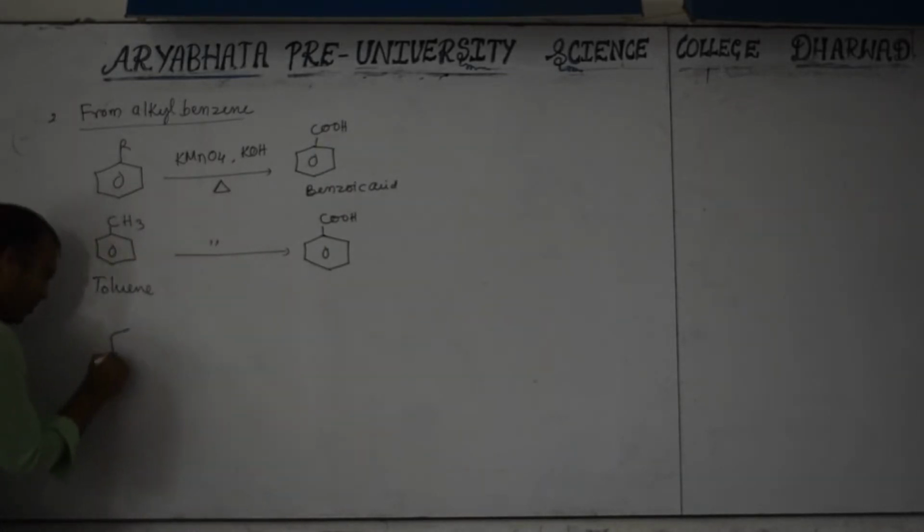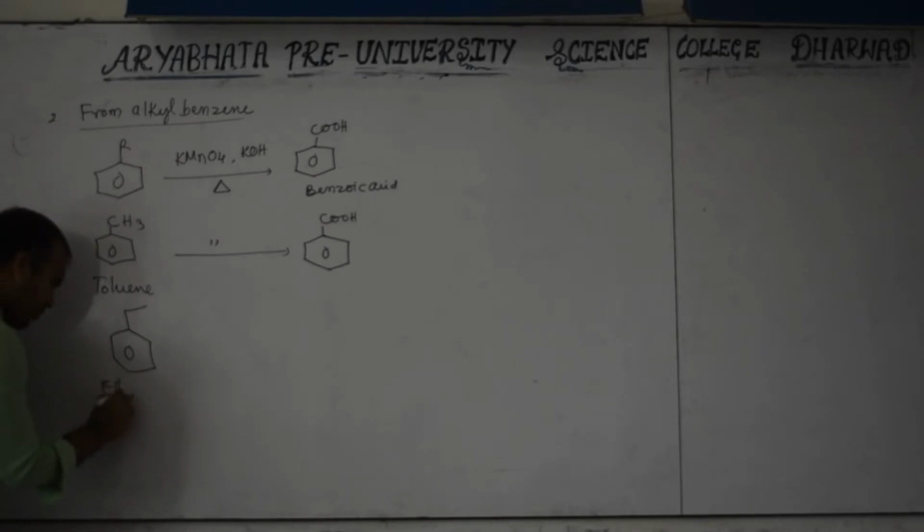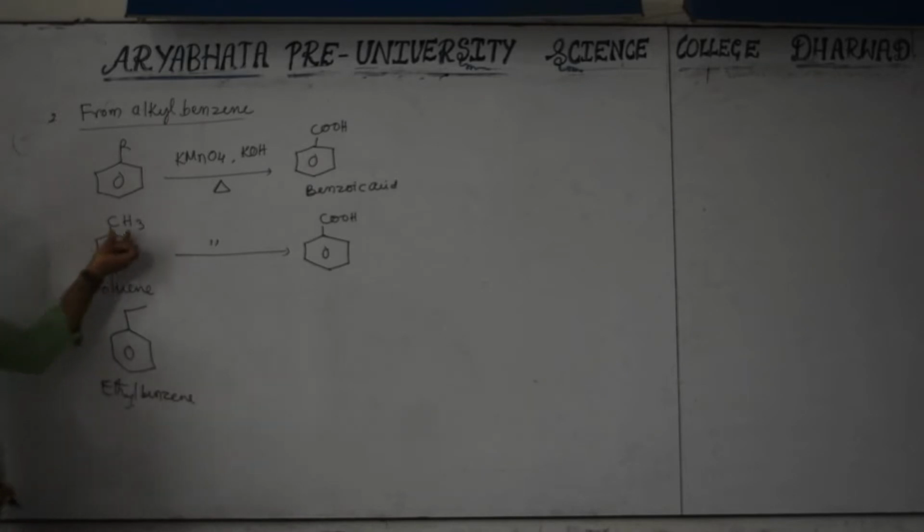Now I will take another alkyl benzene, called ethyl benzene. Two carbons are there. This is methyl benzene, this is ethyl benzene. In methyl benzene, 3 hydrogens are there.